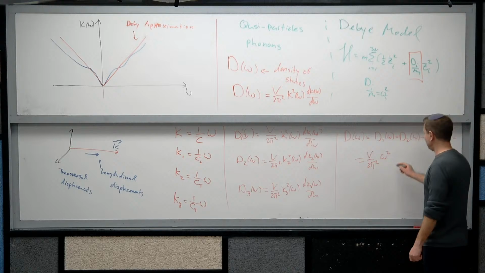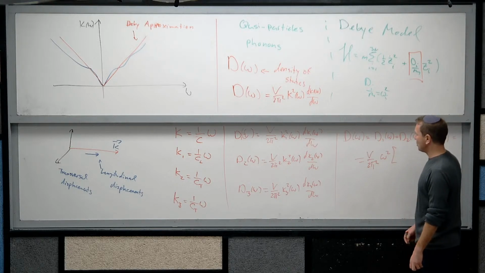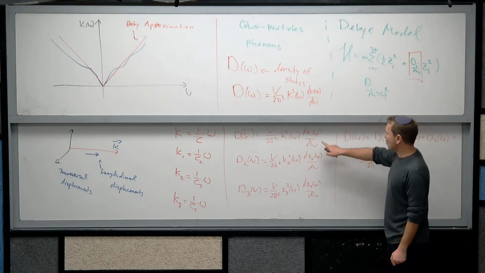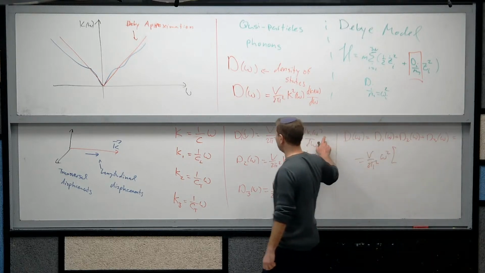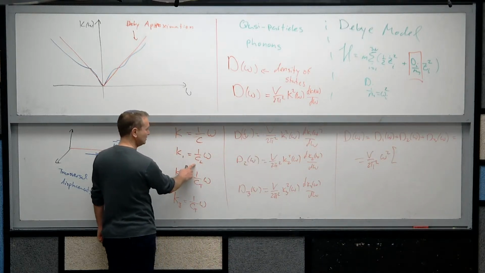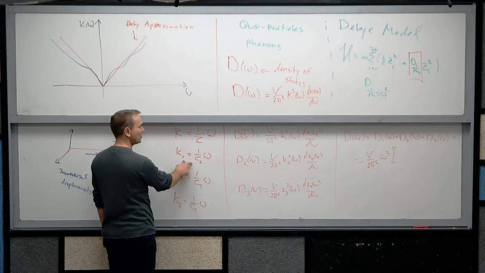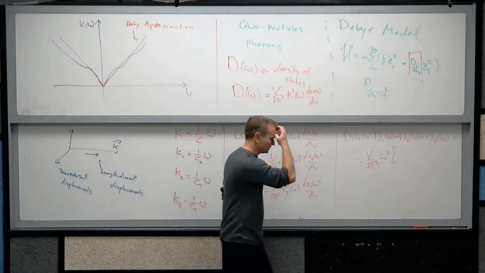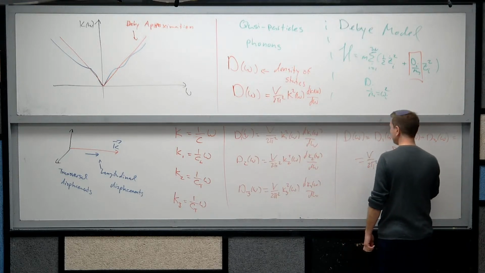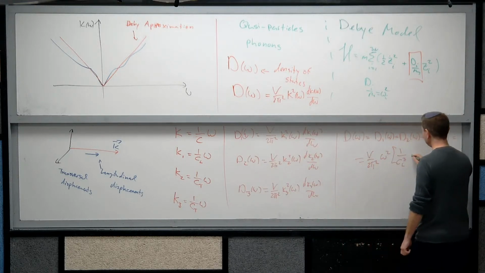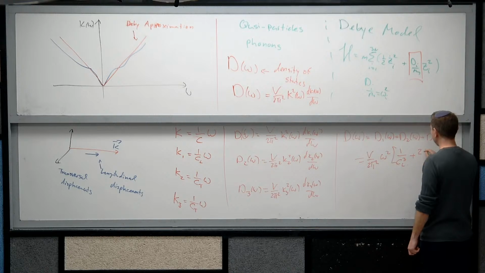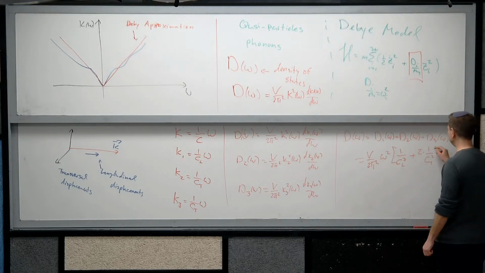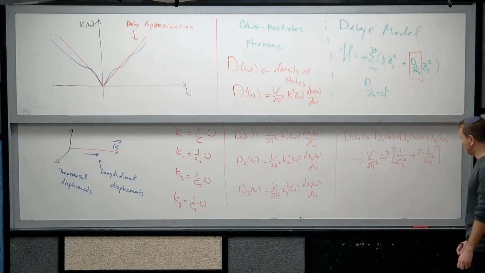And inside here, from D1, it's 1 over c_L, and we are going to have also another 1 over c_L squared from this. So it's 1 over c_L to the third plus 2 multiplied by 1 over c_T to the third.